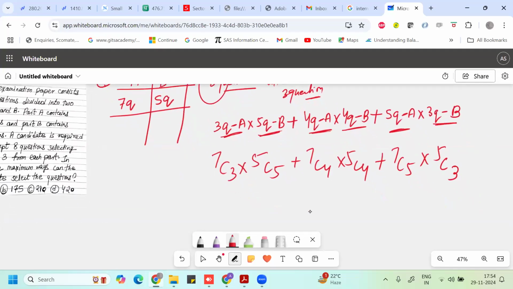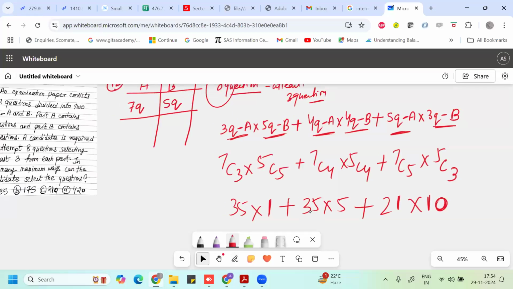So if you solve this, 7C3 is 7 into 6 into 5 over 6, which is 35, and 5C5 is 1. 7C4 is 35 only, and 5C4 is 5. 7C5 is the same as 7C2, which is 21, and 5C3 is 10.